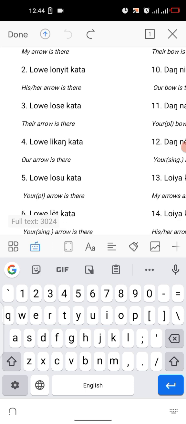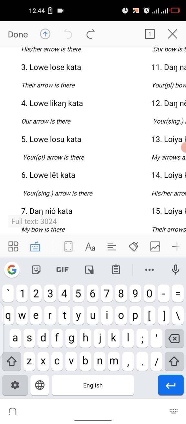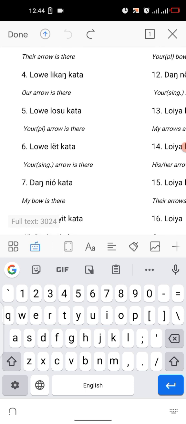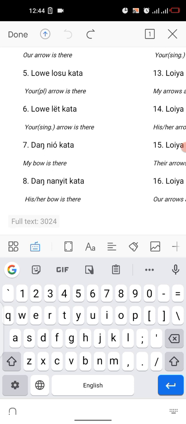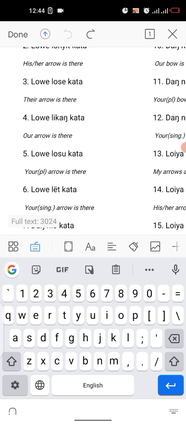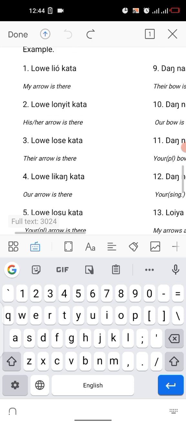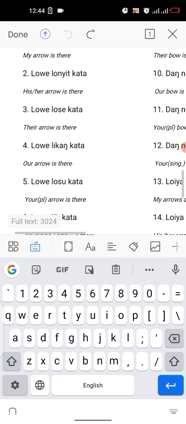Number 3, lowe lose kata. Their arrow is there. Number 4, lowe likang kata. Our arrow is there. Number 5, lowe losu kata. Your arrow is there. So you need not to forget that when the possessive adjective begins with L, the noun is masculine.